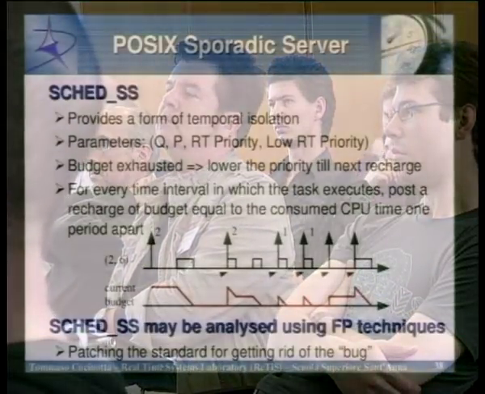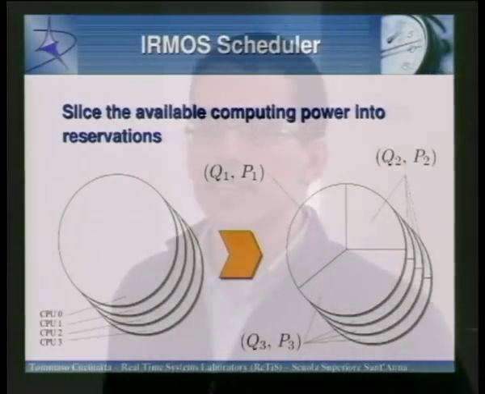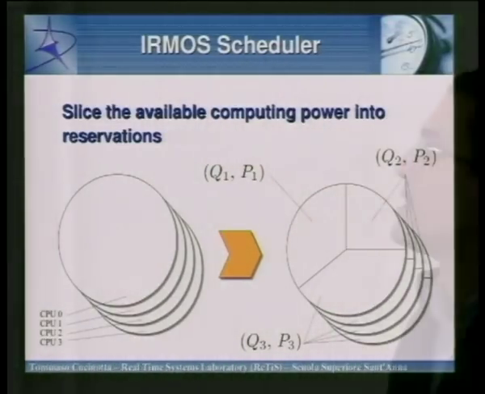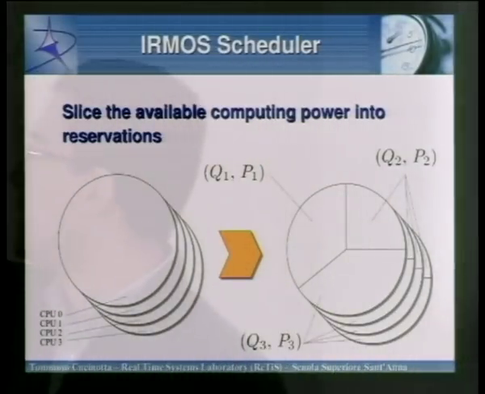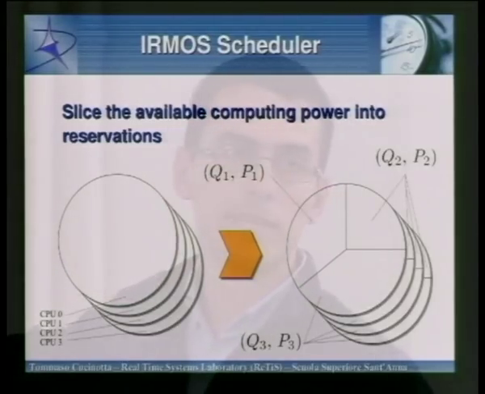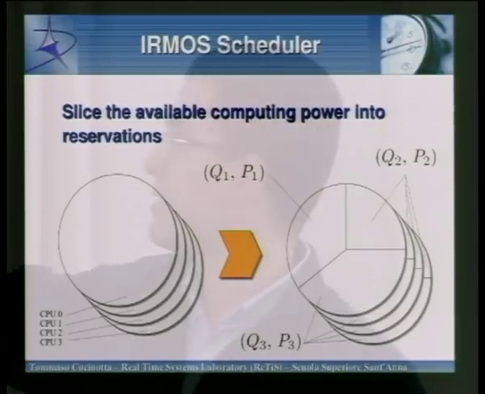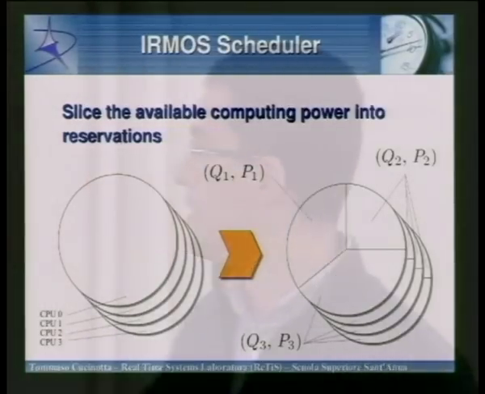Yes, absolutely. The problem you are raising is absolutely crucial in multiprocessor systems. This is just a picture that shows more or less what the real-time scheduler that we use can do, which is basically you take a computing platform along with the set of processors it has, for example, a quad core in this picture, and you can slice this computing power into slices. One slice is Q every P on each one of the cores, the other slice is Q2 every P2 on each one of the cores, and so on.